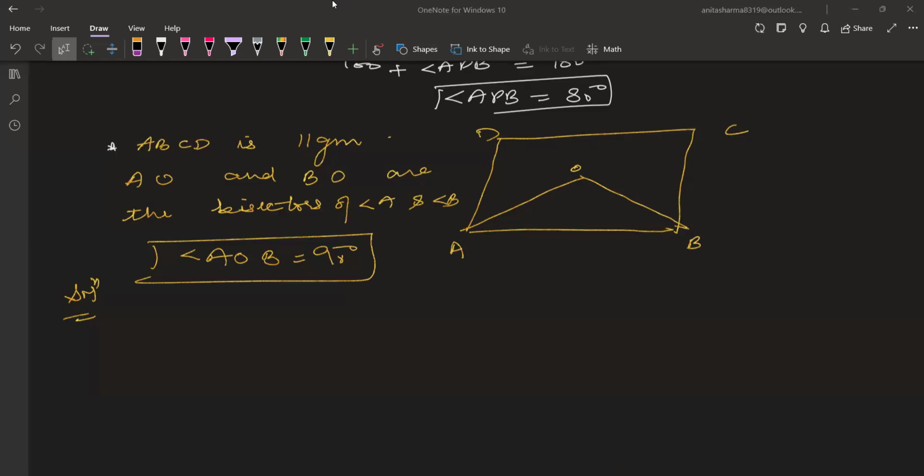Yes, beta, are you saying something? No, ma'am. Ma'am, we have to find D and C. Yeah, beta, you have to prove that angle AOB is equal to 90 degree. Okay. Okay, ma'am.